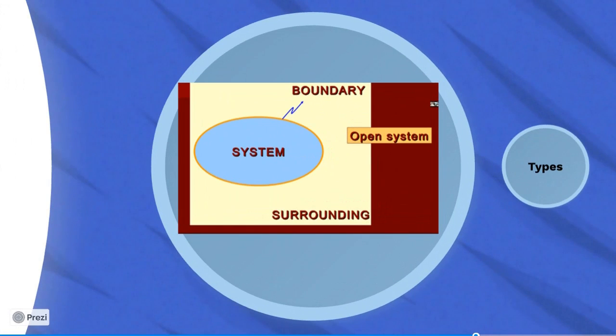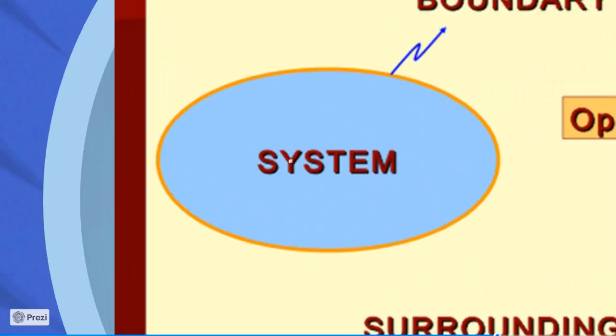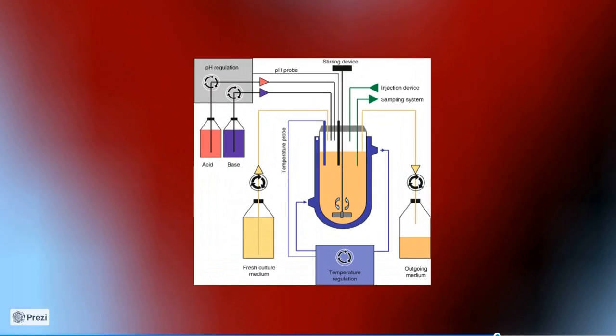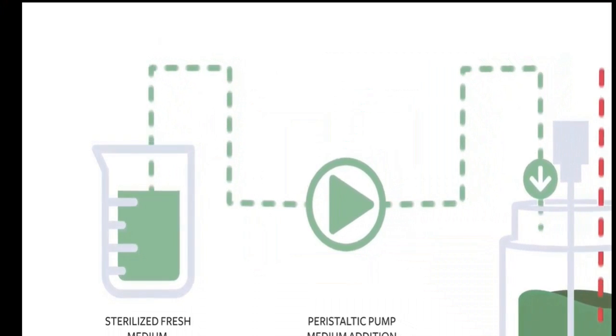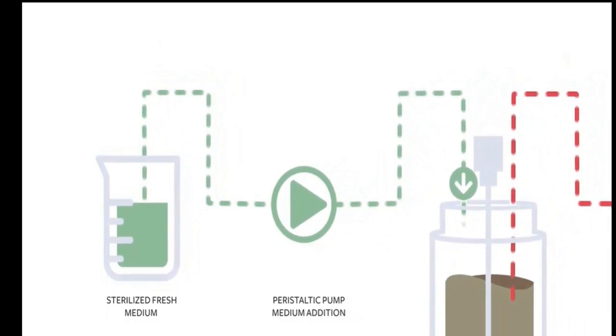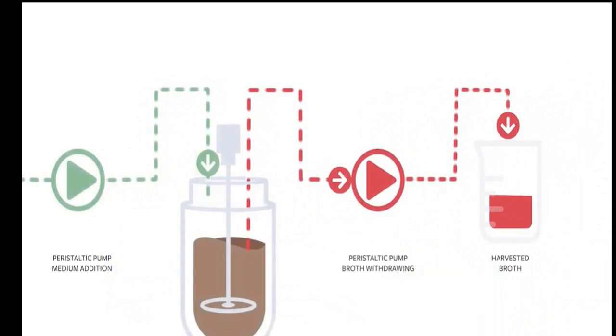A simple flow scheme is given wherein the flow rate of the system is governed by a peristaltic pump, and there is continuous productivity inside the reactor wherein the biomass, substrate and product concentration remain constant, making the process a steady state.